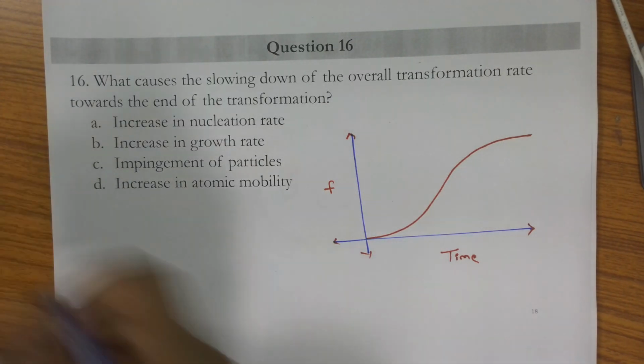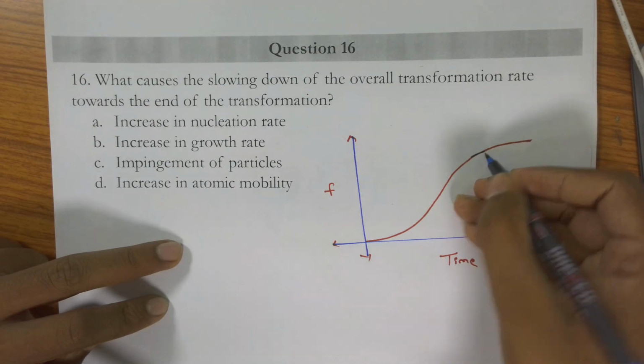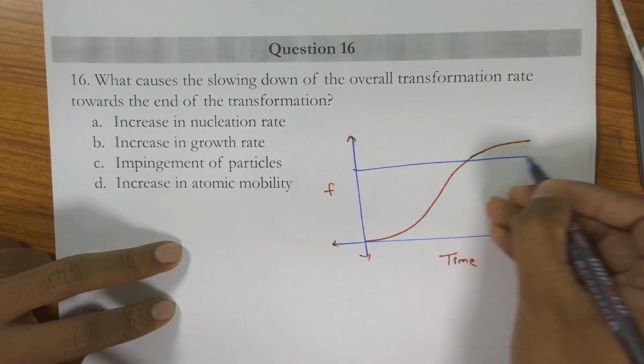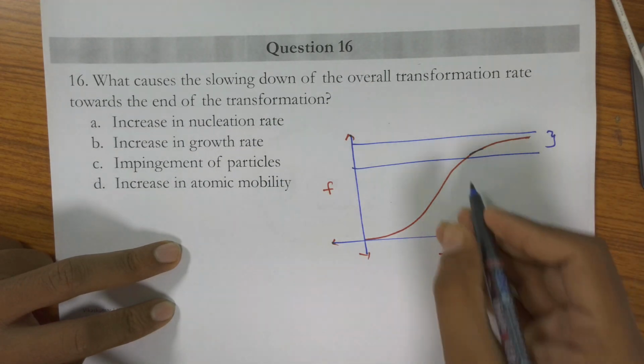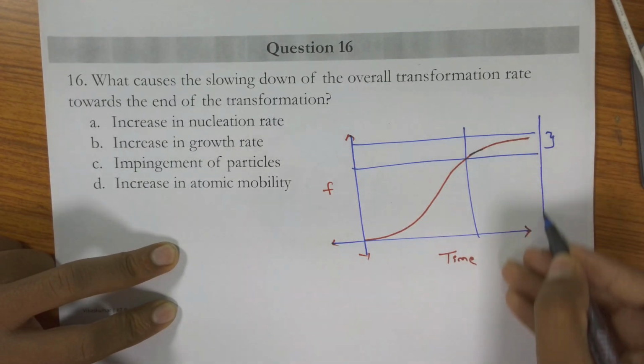Where we can see that the transformation rate near the end is quite slow. It's taking a lot of time. The fraction of the time to transform is very high.